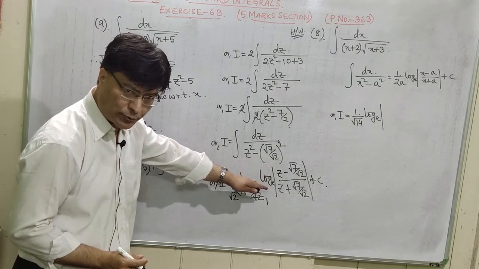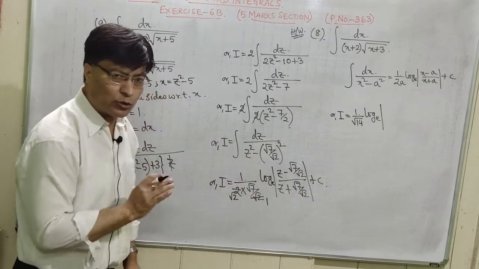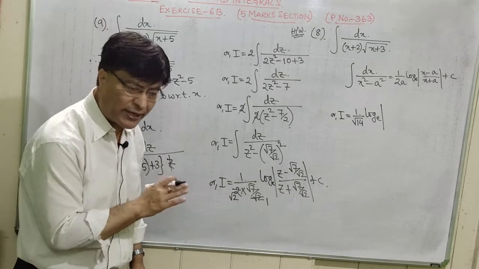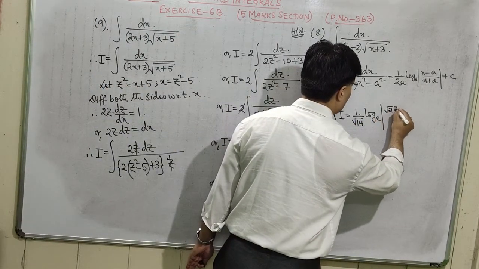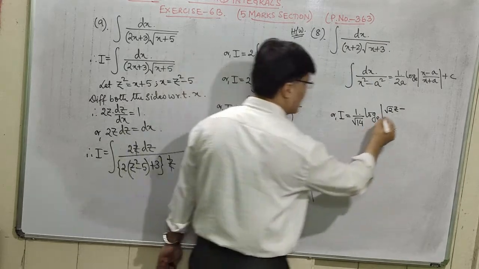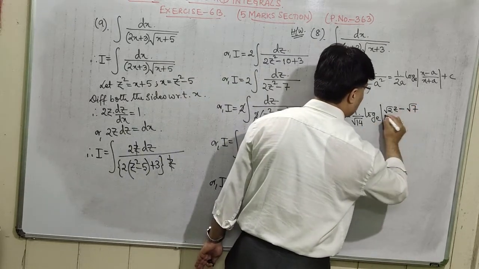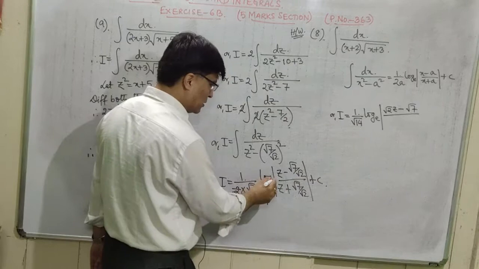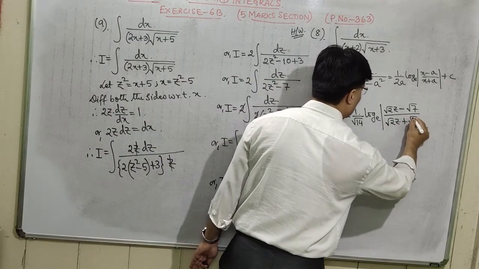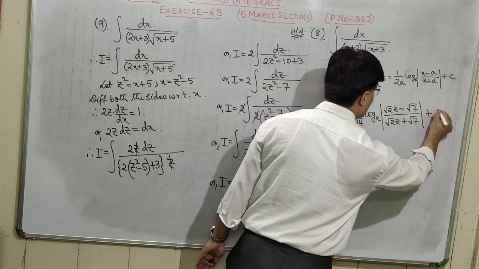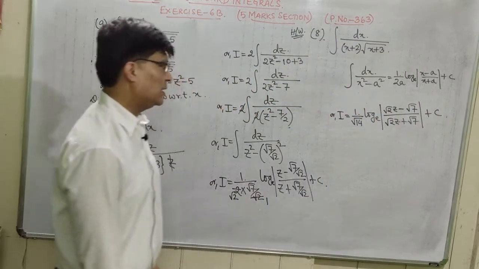What is the LCM? Root 2. Both of these root 2 after taking the LCM will be cancelled. So this is root 2 into z minus root 7 divided by, in the denominator, root 2 into z plus root 7, mod sign closed plus c.